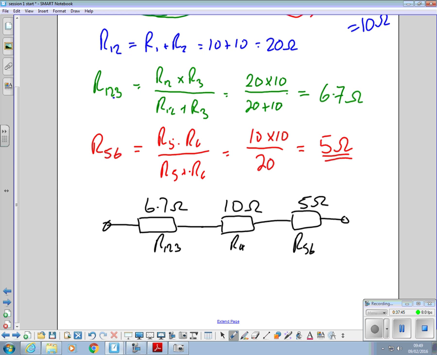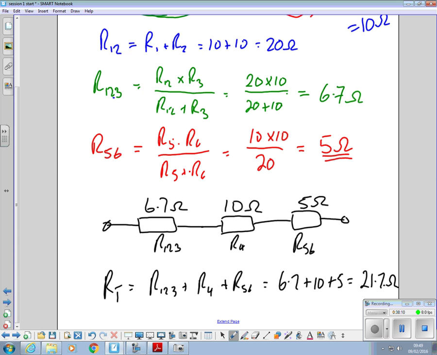We've simplified it down to that, and we can now say RT is R123 plus R4 plus R56 equals 6.7 plus 10 plus 5, which equals 21.7 ohms.